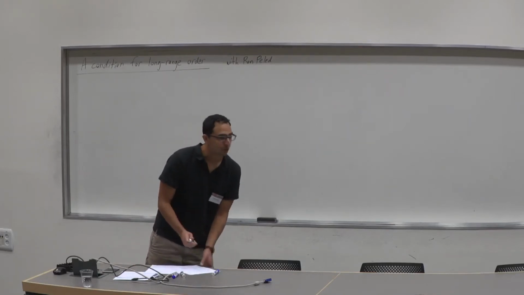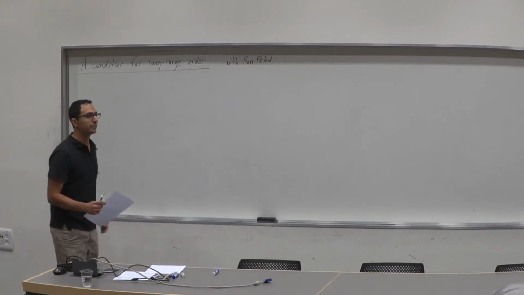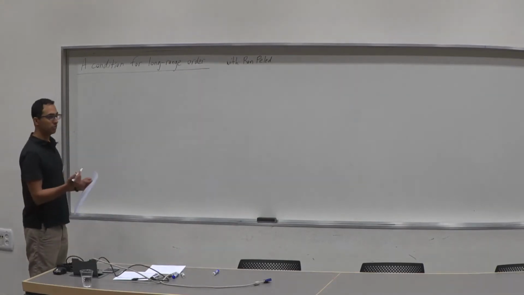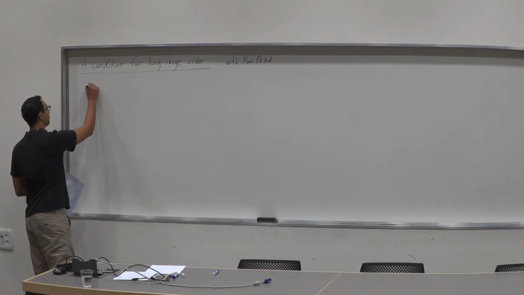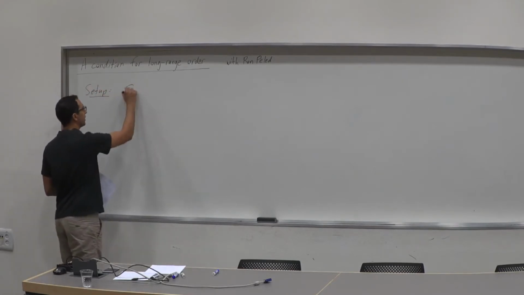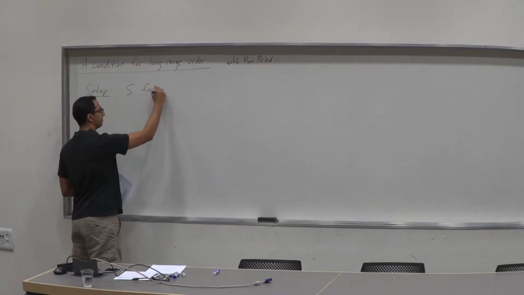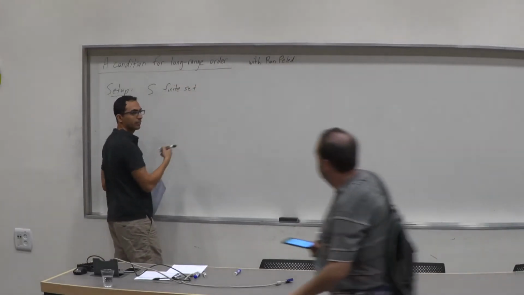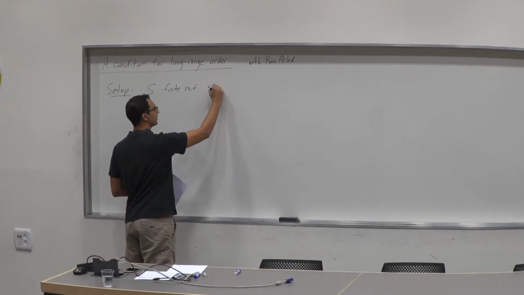Okay, so I'm going to tell you about a condition for long-range order in discrete spin systems. Let me first tell you what the setup is. We have a finite set S, which we think of as our spins.